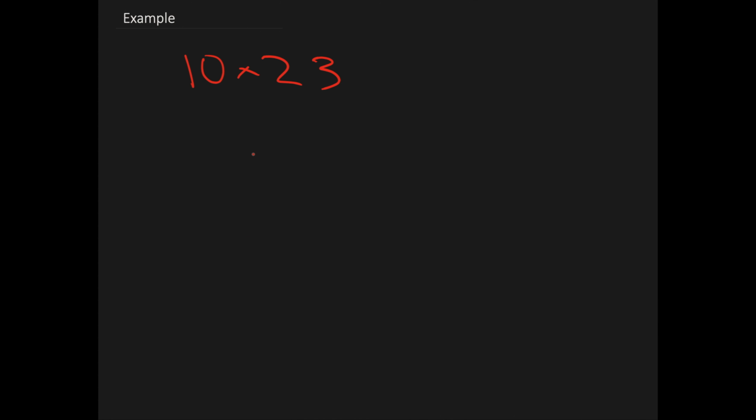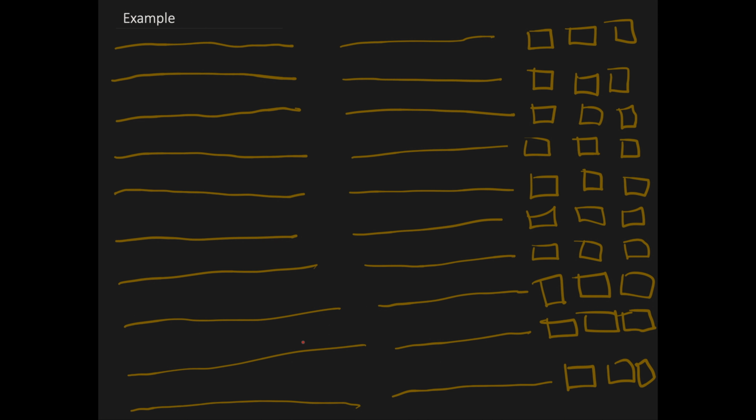Back to our problem, we have 10 times 23. If we go here, you notice we can split this up. We should have another lesson on this, it's called breaking apart. This is kind of similar to that. We're going to be using breaking apart to find this.